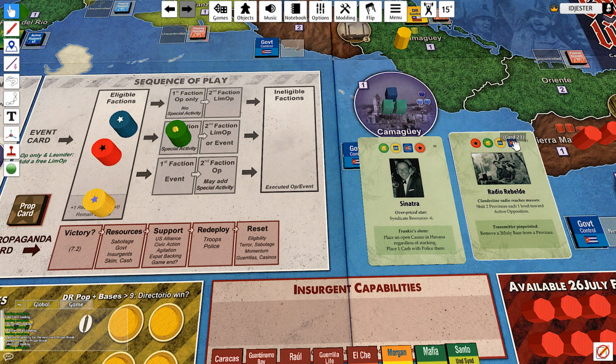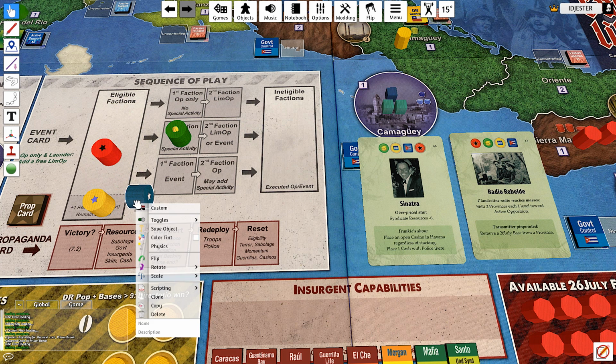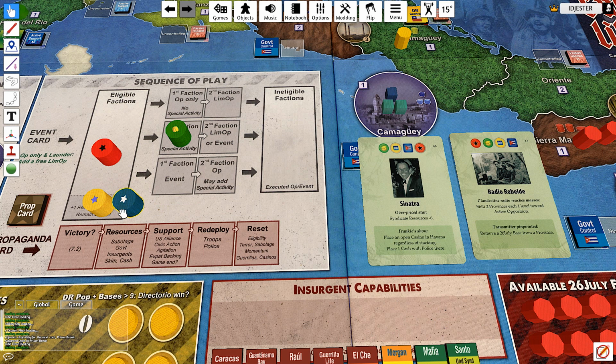So blue won't even get a chance. So if blue passes, he's going to be screwed over on this card and not even get to activate. He will basically lose a turn if he passes. So blue player's kind of forced to take a limited operation or the event. And that's, again, the thought process of what's going on.